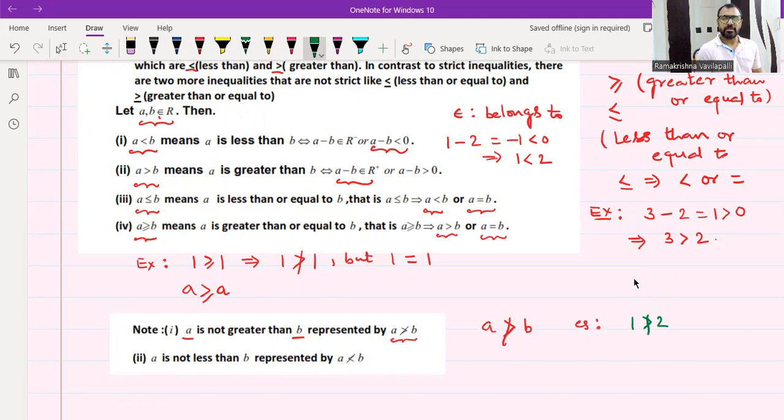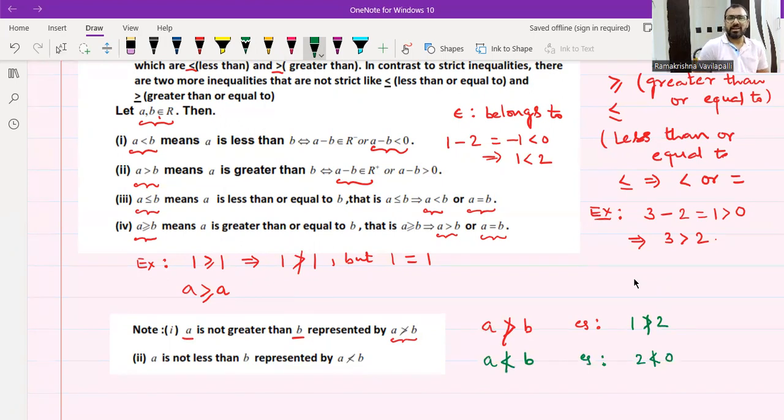Similarly, A is less than B is represented by striking off the less-than sign, which means A is not less than B. Here is one more example: 2 is not less than 0.